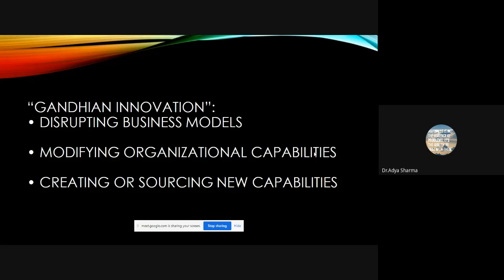A term which was not new. Ahimsa was not something discovered by Gandhi. It was discovered way back by Lord Buddha. But he reinvented it, and that's why it was an innovation. He made ahimsa, or non-violence, a term which was respected, which people feared. And therefore, he created new capabilities.